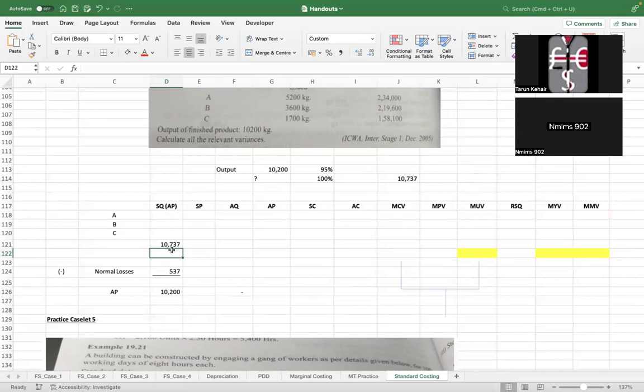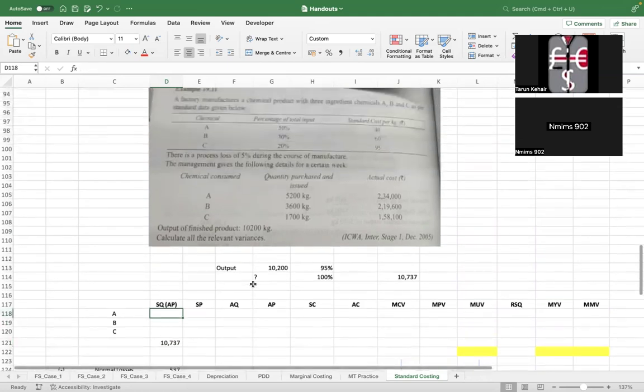I am consuming resources, I am consuming time for 100% of my output, not for 95% of my output. So our consumption will be aligned to 10,737 kgs of output, not 10,200, even though we had a normal loss of 537 kgs. You understand the background, no?